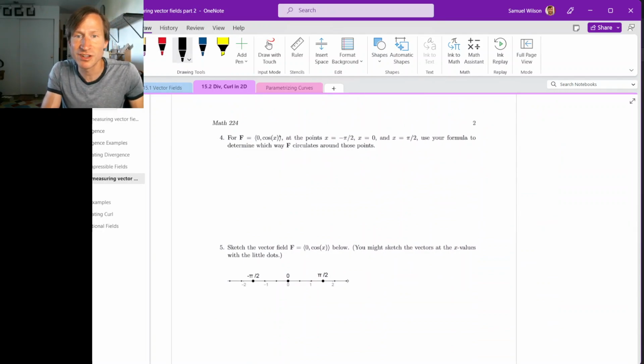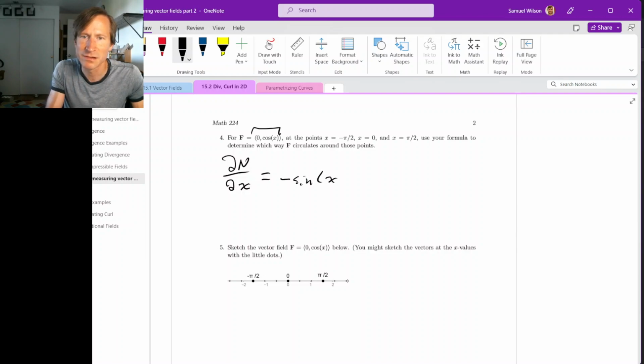Okay. All right, so let's see if this works with a worked example. So first let's calculate this circulation derivative, partial n partial x, for this particular example. So the partial derivative of cosine x with respect to x is minus sine x. Okay, so let's see what this is doing at these three x values.